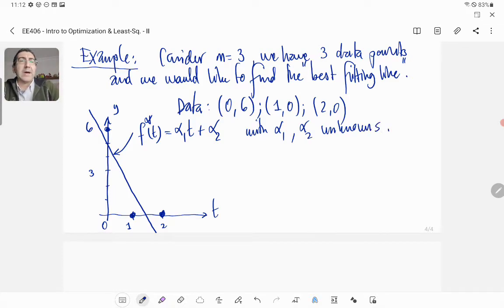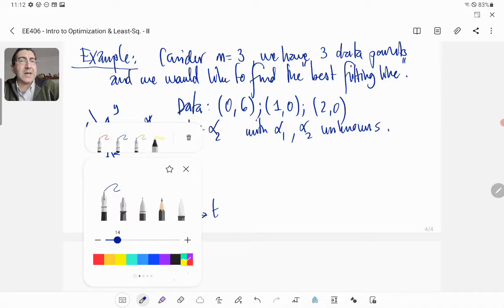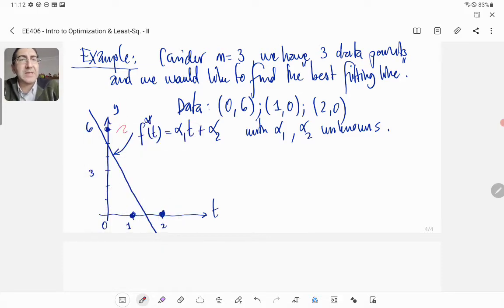What is the best fitting line? Well, that means that I want to have these errors over here. This is E1, the first error. This is E2, the second error. And this is E3, sorry, it's going outside of the paper, E3. So we want to minimize the mean of those errors.